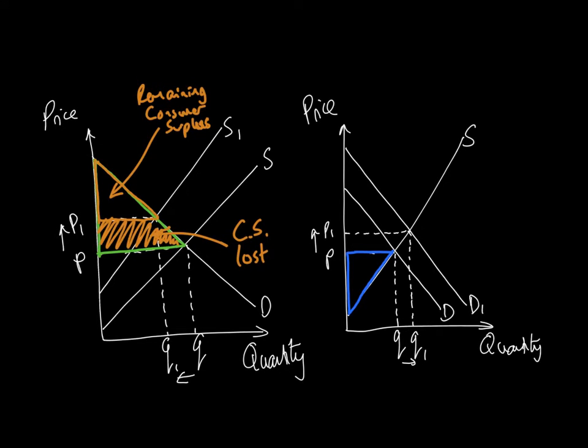And again, we can show that on the diagram, because in addition to that blue area, they are also going to get this extra pink-red area on top. So this area here is the amount of producer surplus which is gained as a result of the increase in price from the higher level of demand.